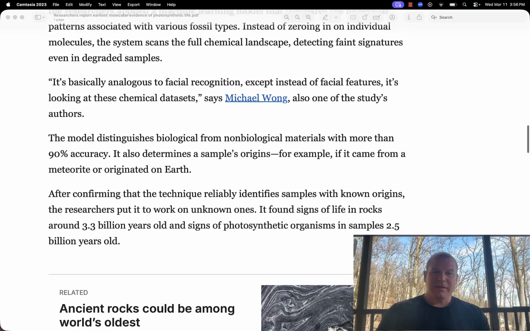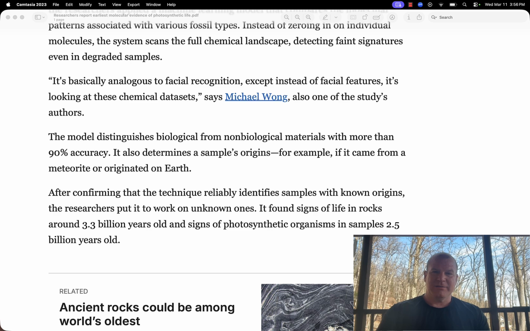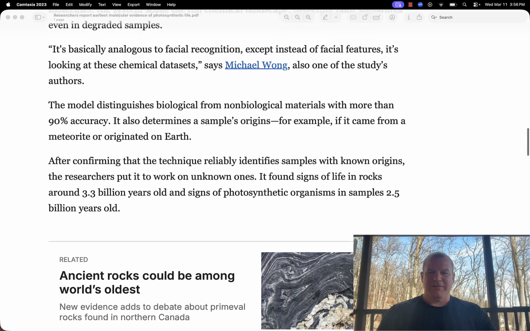They also looked at a slew of chemicals, not just one specific signal, but different types of molecules. It doesn't say what the molecules are in this article, but it says that by telling the different types, we could tell what kind of life.